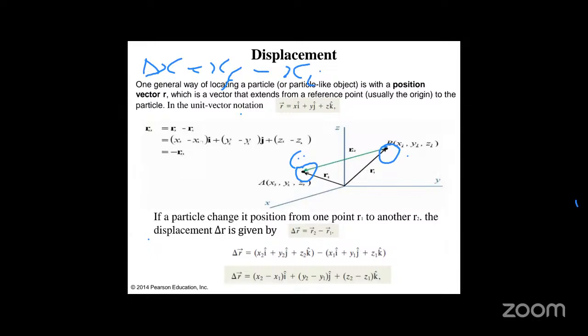If we use x, it means that we are considering only the horizontal component. If we use y, it means that we are considering only the vertical component. And if we use z, it means we are considering only the z component.